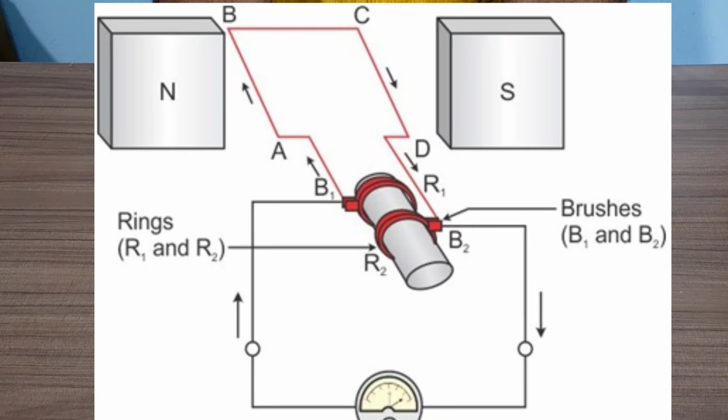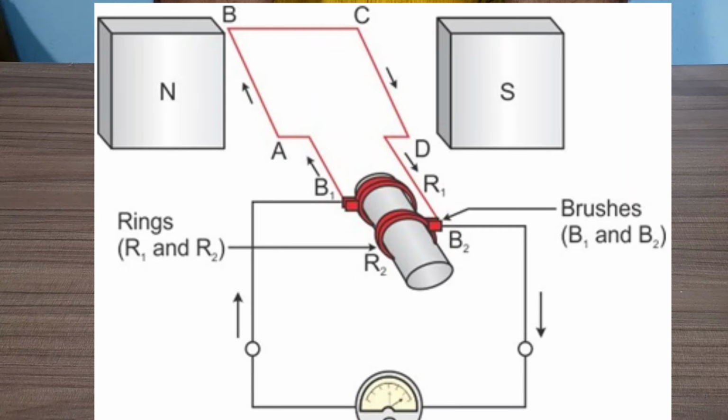Therefore, the induced current goes as DCBA. But the branch BA is always in contact with brush B1, and branch DC is always in contact with B2.